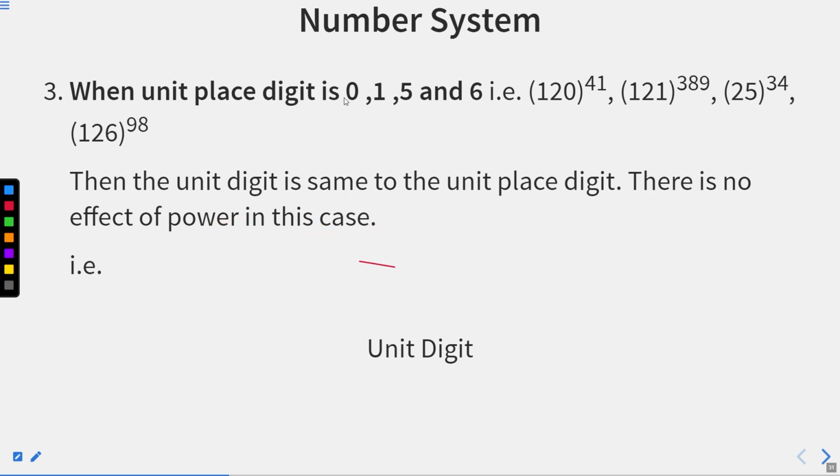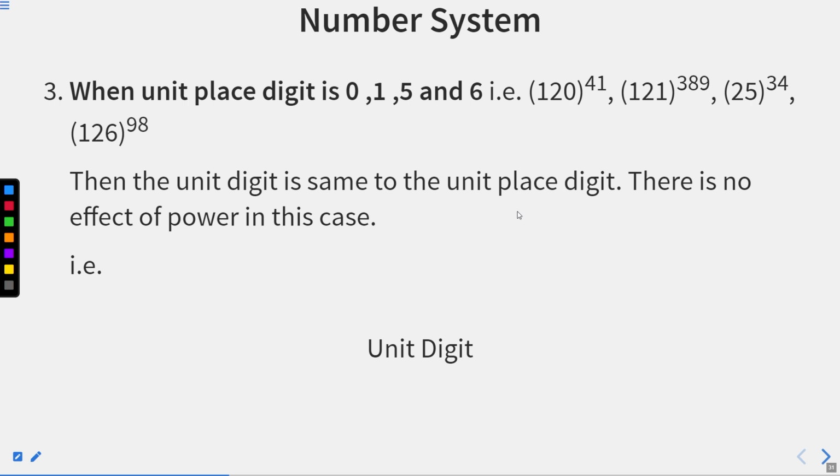So whenever the unit digit of the number inside the bracket is 0, 1, 5 or 6, then whatever power may be given to you, after solving all the powers the unit digit is going to be nothing but itself. There is no change.